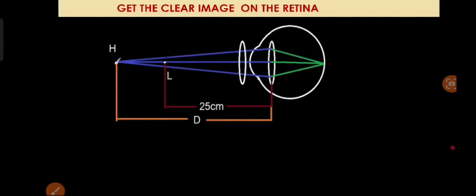That means the image formed by the convex lens will be the object for the eye lens. When the image of that convex lens is formed at or beyond the near point, the eye lens will form the image on the retina. So by putting a convex lens, we can correct hypermetropia.